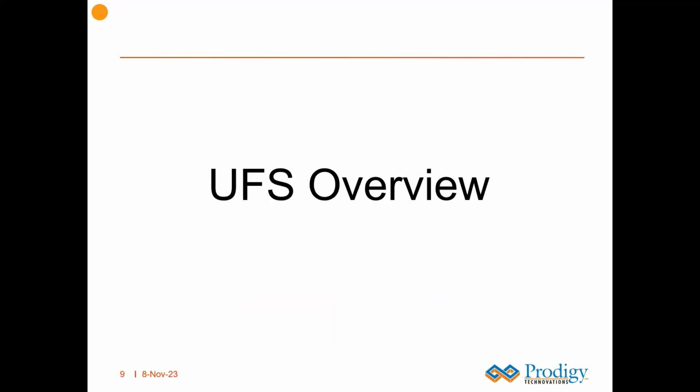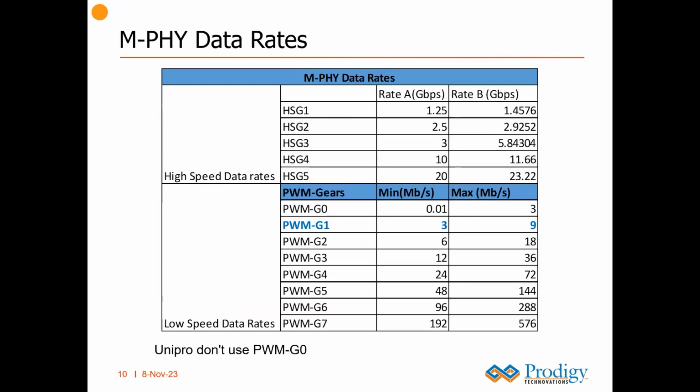Okay. So let us come to the overview of M5. As we talked about, there are different gears in M5. High-speed gear 1 starts at 1.25 gigabits per second at rate A, and at rate B it is around 1.45 gigabits per second.